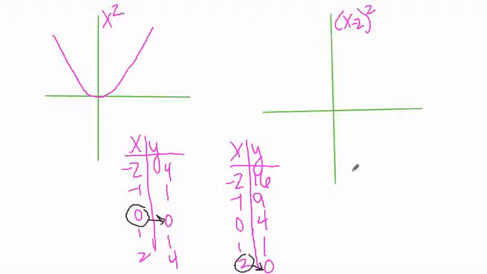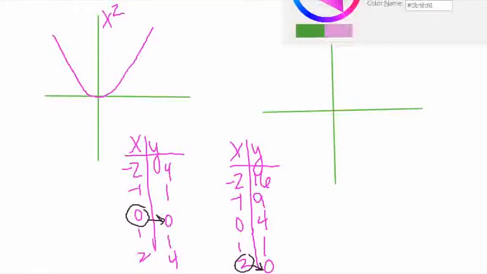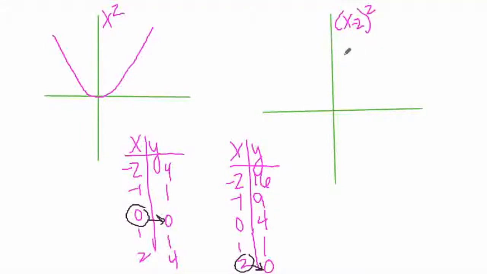Okay, what does that mean for the graph? All right, well, the graph is going to be shifted horizontally. Whereas before it was centered at the origin, now it's centered at x equal to 2. All right, what if I added 2? So let me do that example.